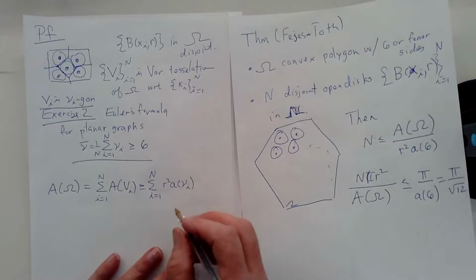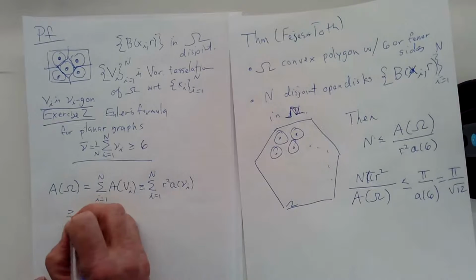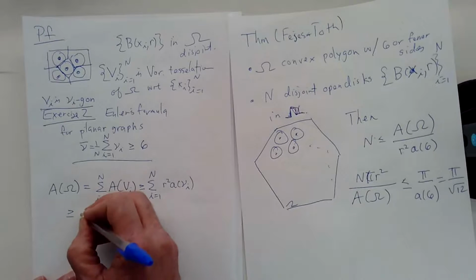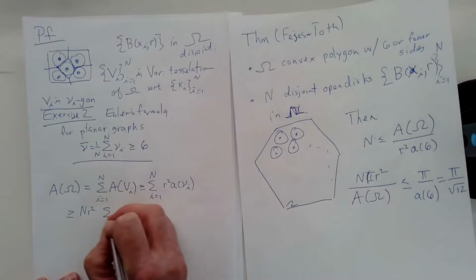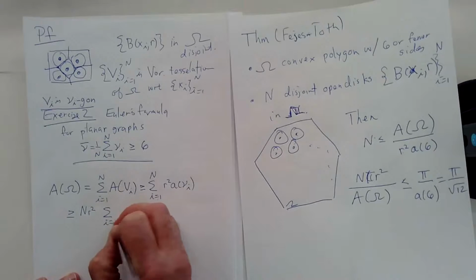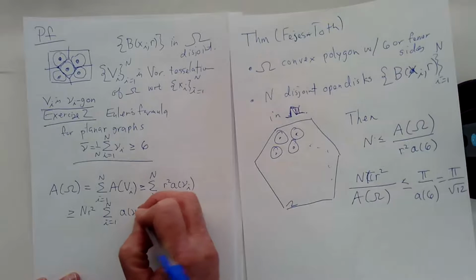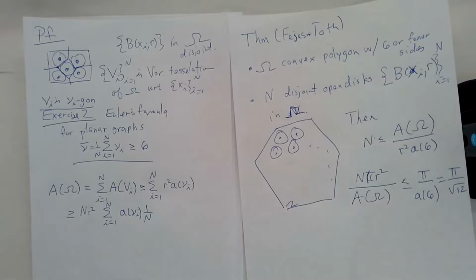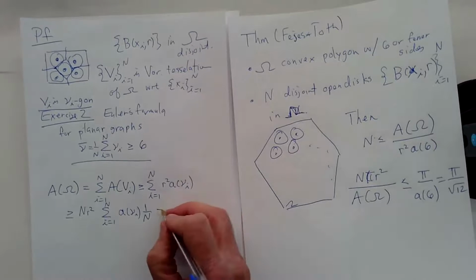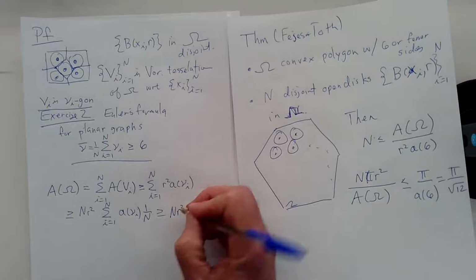I always have to set up Jensen to make sure I get it. I'm going to pull out an n r squared, times the sum from i equals 1 to n of A of nu_i with my probability measure 1 over n. This is bigger than or equal to n r squared A of the sum of 1 over n nu_i.